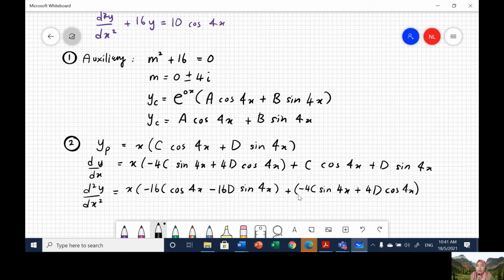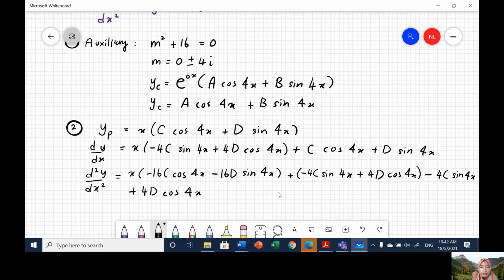So this is the form to differentiate here. We have another two parts that we are going to differentiate. This is just a direct differentiation. So here we have minus 4C sine 4x, then plus 4D cos 4x.